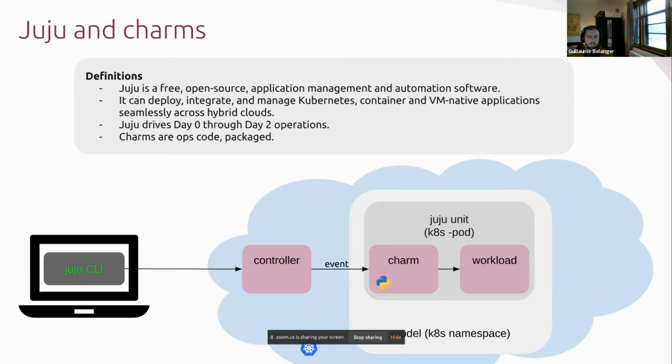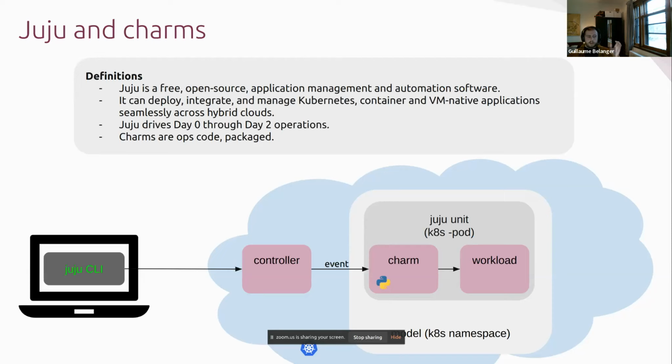And that's the main reason why people use charms, is because you package your application and your operations code together. And here, when you do a Juju deploy of your applications, you have both the operation code and the actual workload. So if you deploy PostgreSQL, what you are doing is both deploying PostgreSQL and also you have access to different types of operations code.